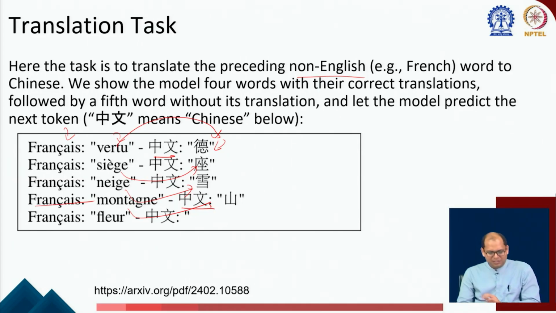You give these examples, but for the last prompt, as we do in few-shot in-context learning, you give the input only, put the Chinese marker, and let the model predict the word. This becomes a very simple task because you are doing word by word translation. But at what layer is it able to make this prediction of the corresponding Chinese token?